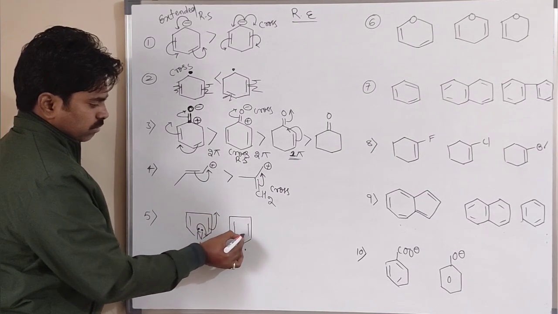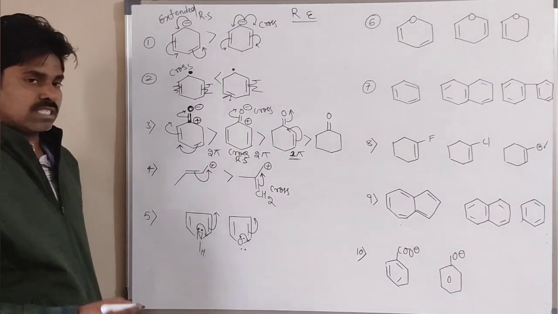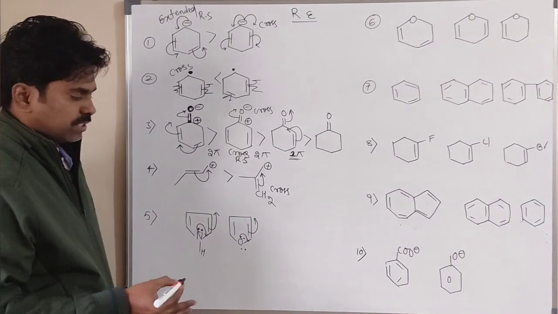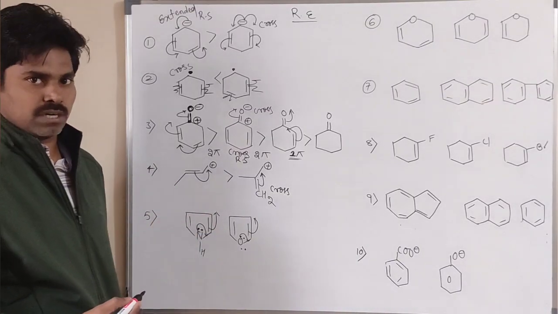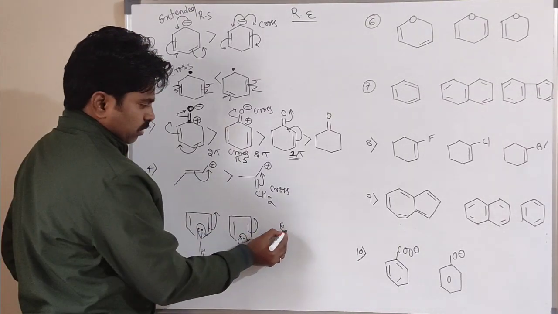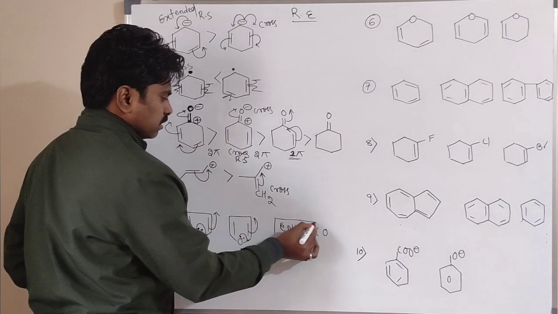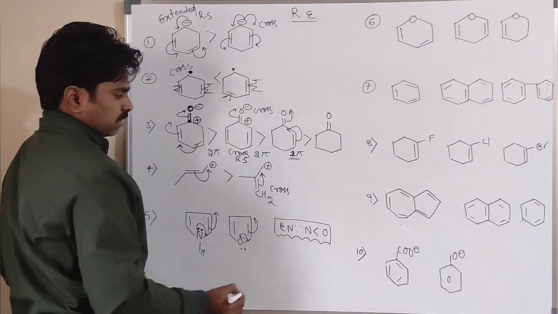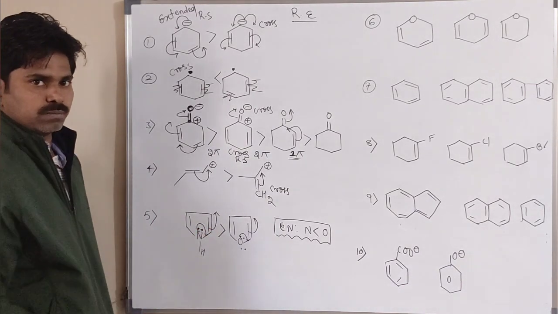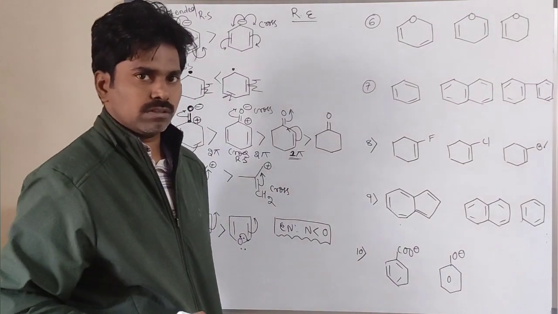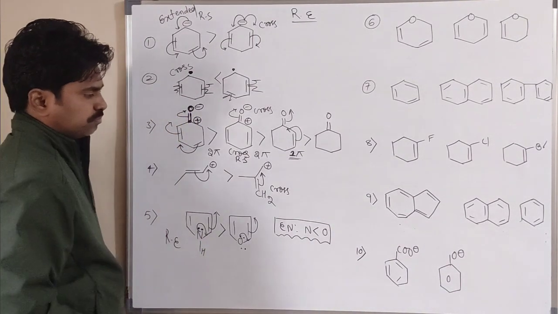Here also double, single, lone pair, but the lone pair that is easily donated belongs to the atom with less electronegativity. Comparing nitrogen and oxygen, oxygen has higher electronegativity than nitrogen. So the nitrogen lone pair participates easily in delocalization. Understood? So its resonance energy is greater.